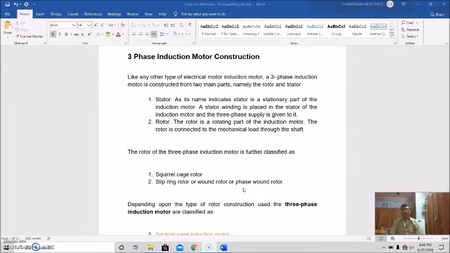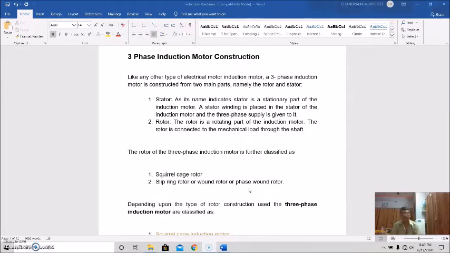Like any other electrical motor, a three-phase induction motor is constructed from two main parts, namely the rotor and the stator. As the name suggests, the stator is the stationary part of the motor. The stator winding is placed in the stator, and a three-phase supply is given to it to produce the rotating magnetic field, which we studied in our earlier module.